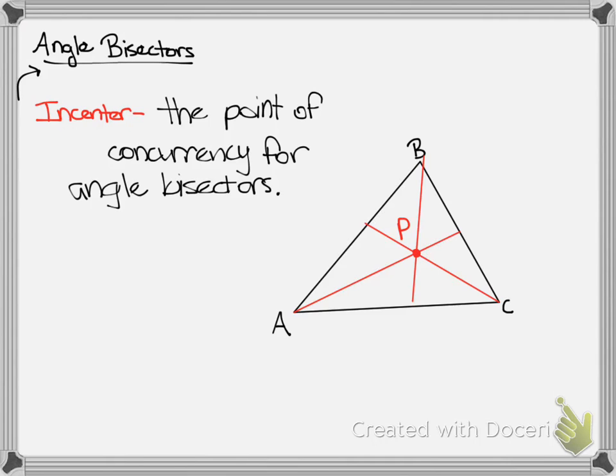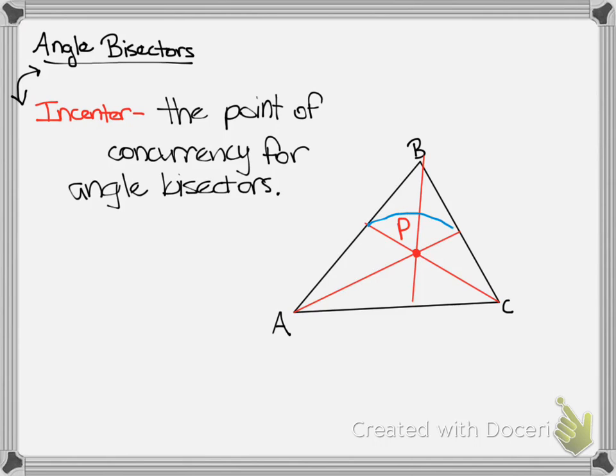And it just takes a lot of practice to understand which ones pair up. That angle bisectors pair up with incenters. Circumcenters pair up with perpendicular bisectors, and so on. And so it's called the incenter of the triangle because it inscribes a circle.